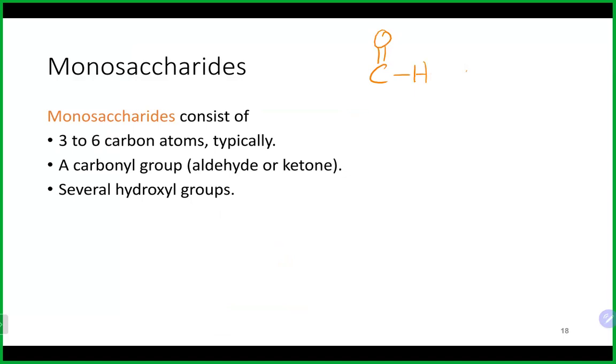So some carbohydrates will have this aldehyde group, and some will have our 3 carbon run with our oxygen in the middle and our ketone group. And definitely they'll have a bunch of hydroxyl groups, or OH groups, on there as well.